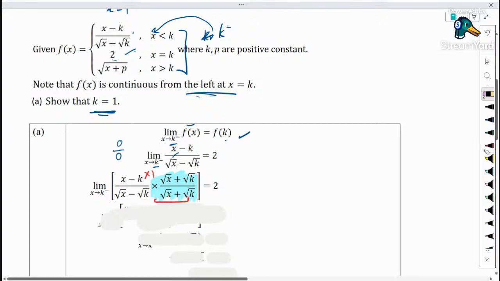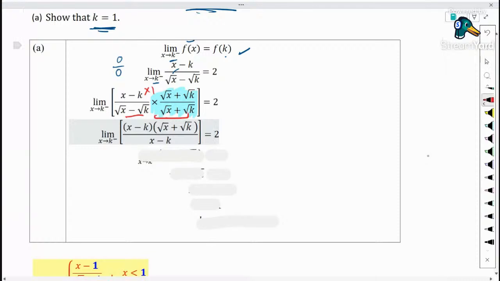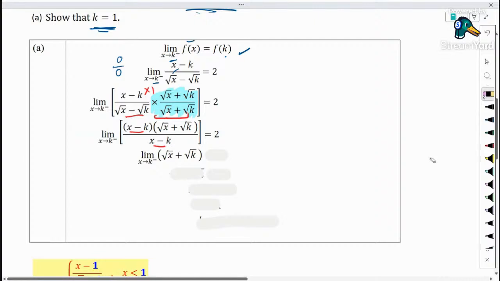Equal to 2. On the right, simplify our functions. We only expand the conjugate pair, the rest maintain in factorized form. So as a result, this is what we have. Now you should be able to see that the common terms creating 0, we can cancel top and bottom. And the function now will turn out to become square root of x plus square root of k equals 2. And now we should be able to do direct substitution of k to get the following answer.